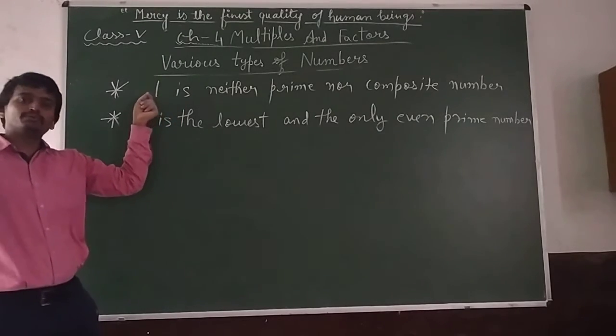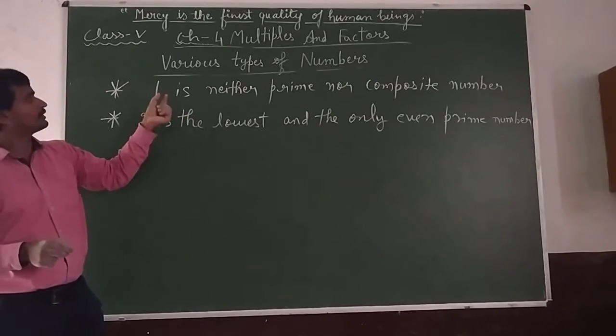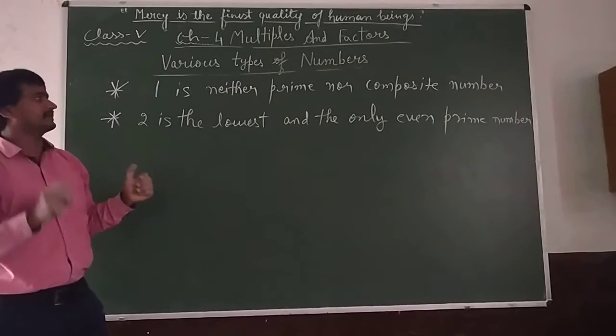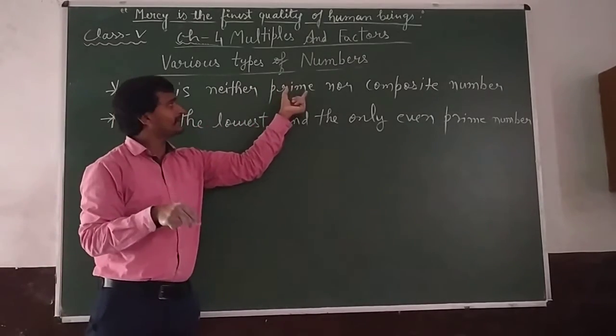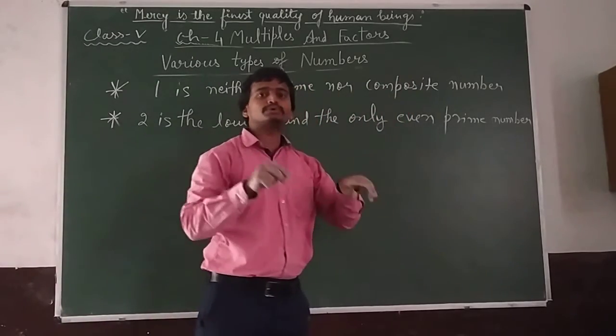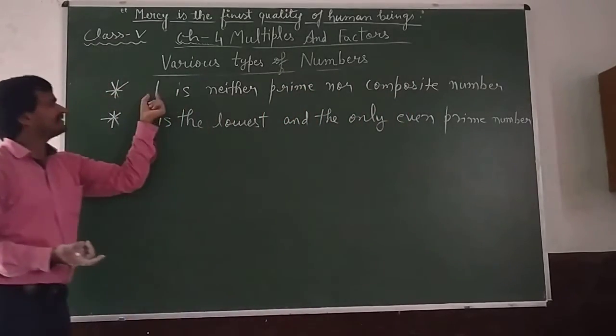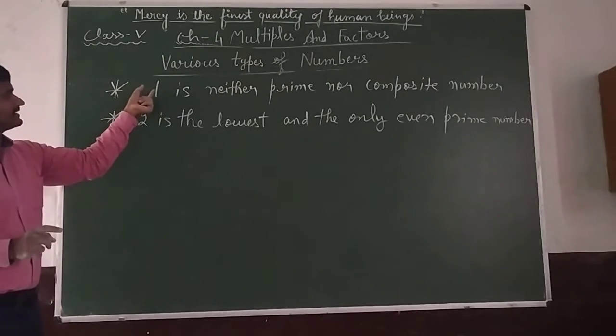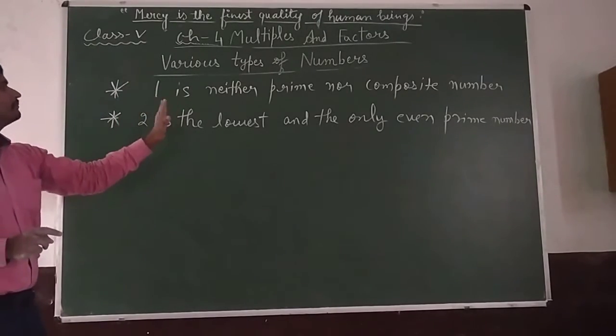One is a unique number, a special type of number, because it has only one factor. For prime numbers we should have two factors, and for composite numbers we should have more than two factors, but one has only one factor, so it is a special and unique number.